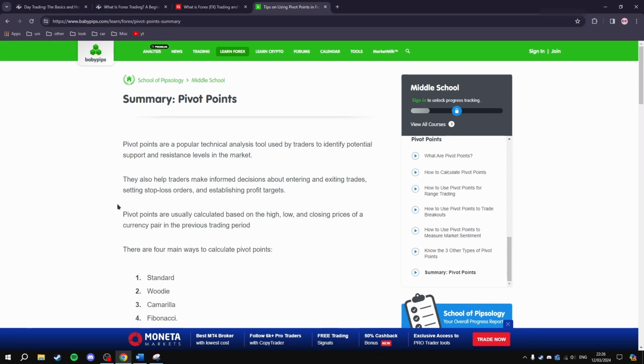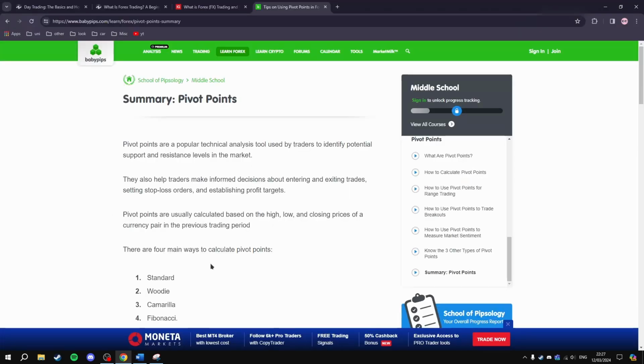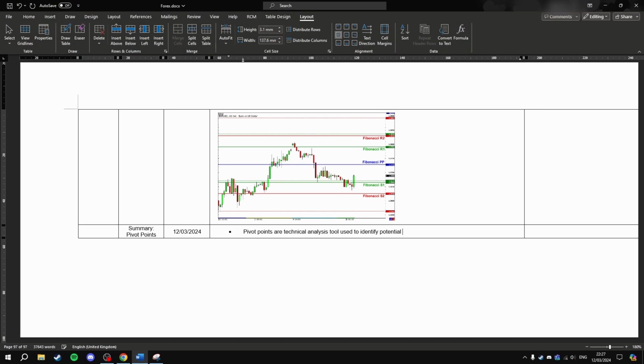Pivot points are a popular technical analysis tool used by traders to identify potential support and resistance levels in the market.